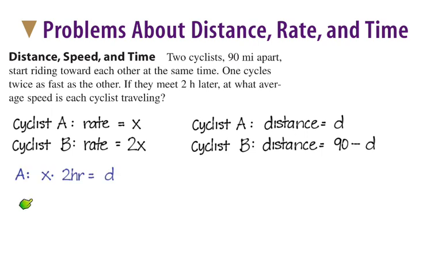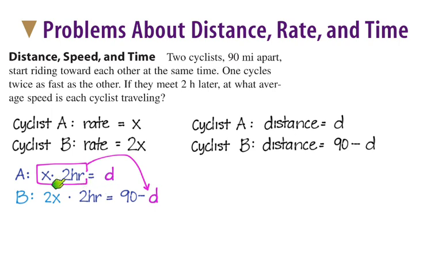So for cyclist A, we have their rate times their time, and it equals their distance. Distance equals rate times time. Cyclist B is distance equals rate times time. So we have each of their equations, and this equation tells us what d equals.